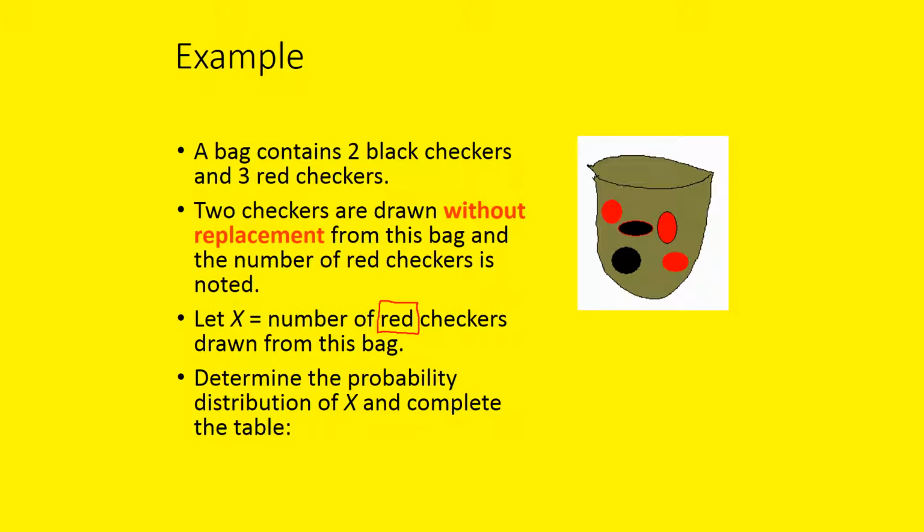So the values that big X can take on are going to be 0, 1, or 2, and each one will have a corresponding probability in this experiment of drawing 2 checkers without replacement.